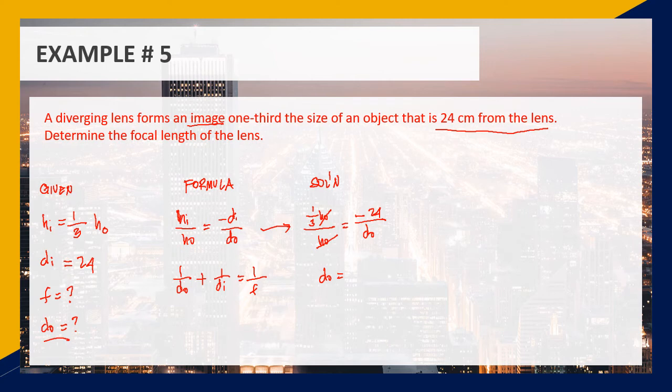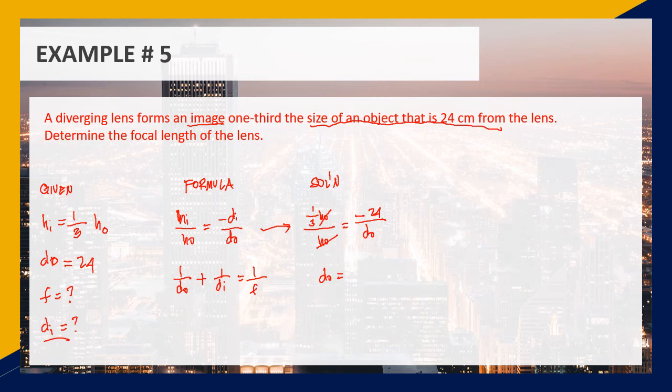Okay, so this is a little off. We should find the distance of the object. The image is 1/3 the size of an object that is 24 from the lens. So it means the object. Okay, size of an object that is 24 from the lens.